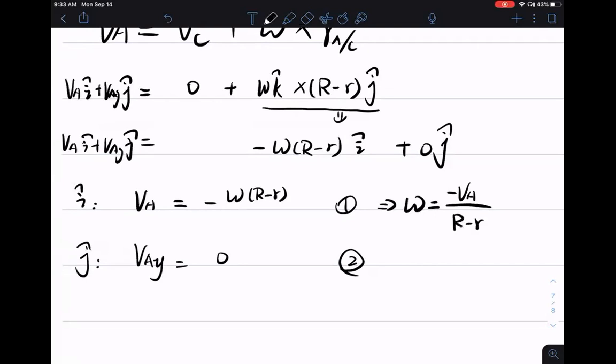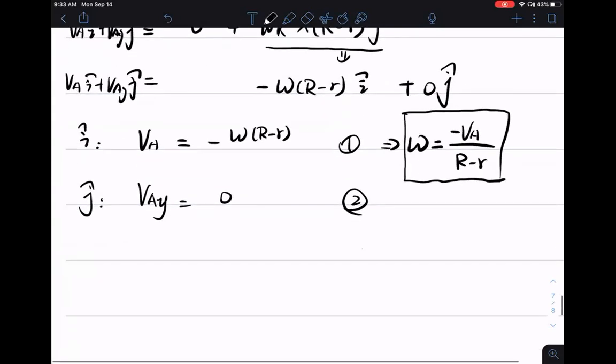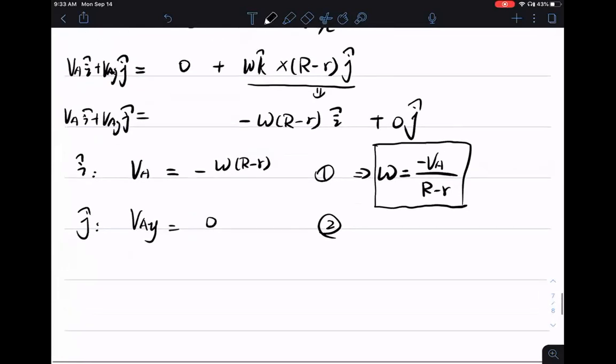That's the first answer we're looking for. Any questions? Well, we didn't really use the second scalar equation, but if you use that, you find out VAy is 0.